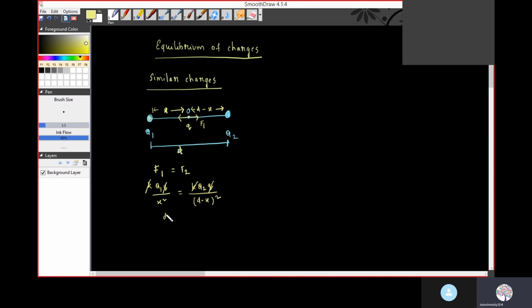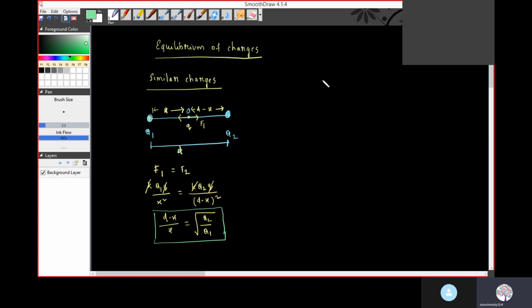So what we get is (d minus x) by x equal to square root of Q2 by Q1. By substituting the values, we get the distance x, and we can calculate d minus x from this. This is the case for similar charges.